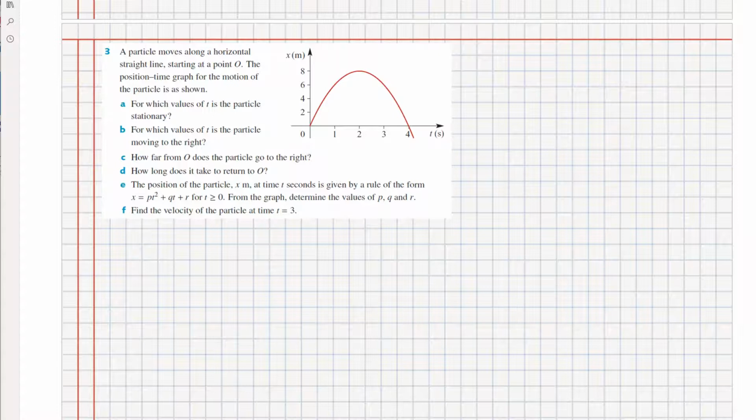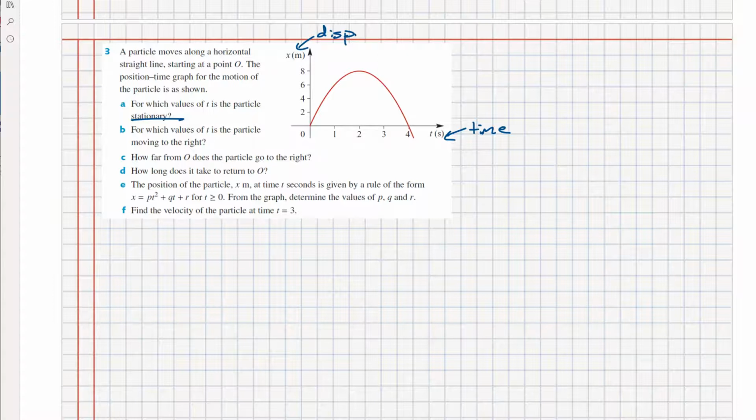Now, we don't have a function to work with here, so we're just going to have to work with the graph. And looking at the graph, the y-axis is displacement, and this one is time. So when the particle is stationary, it means that its displacement won't be changing.